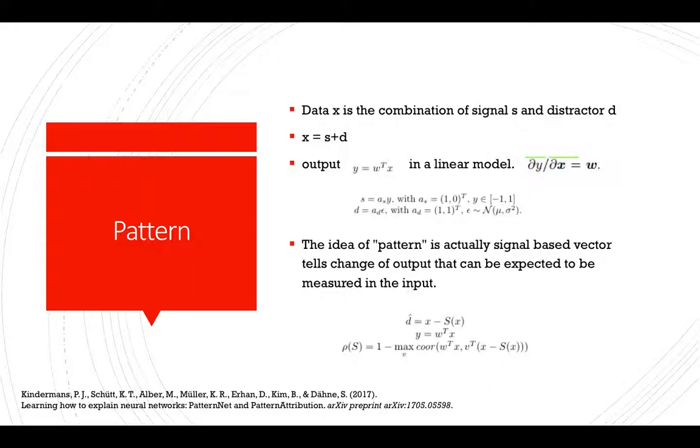And in Kindermans' paper, they also introduced a high-quality measurement of signal S, which is 1 minus the max correlation between output and the distractor.